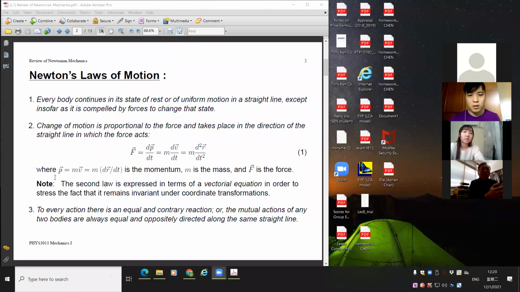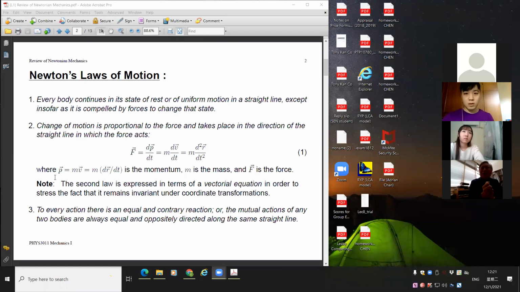Now, my question is actually a nonsensical one. It is purely nonsense because we cannot add action and reaction together, because they are acting on different bodies.